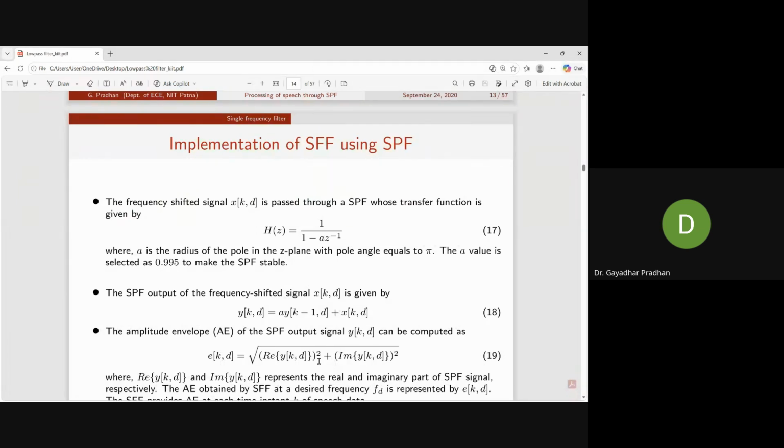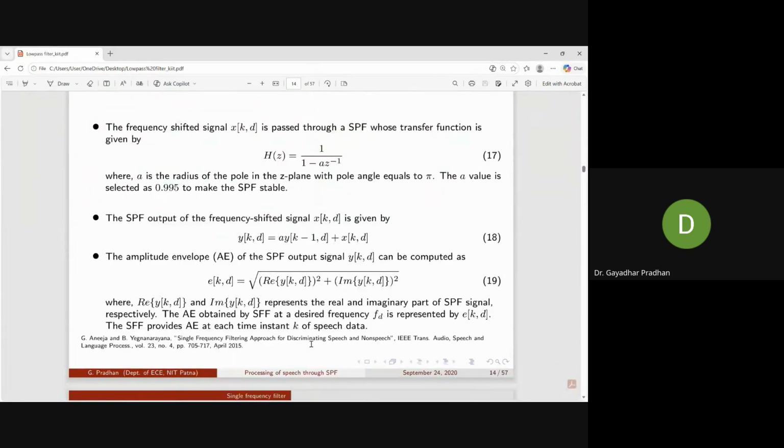I analyze the magnitude spectrum because I want to get the formants, resonance and anti-resonance. For a plus jb, the magnitude is the square root of a square plus b square. If I want to analyze phase, I find tan inverse b by a.